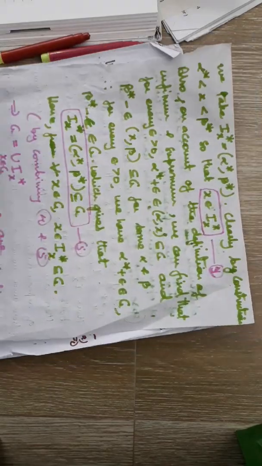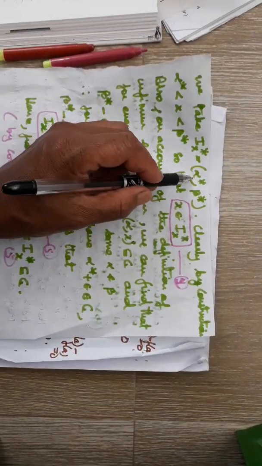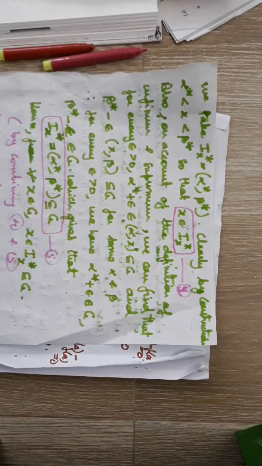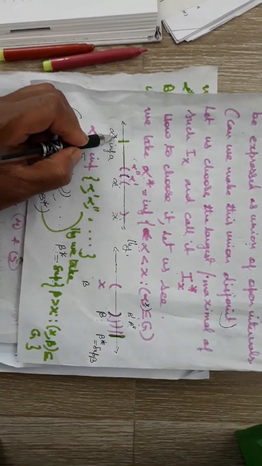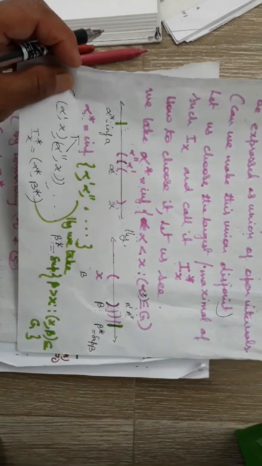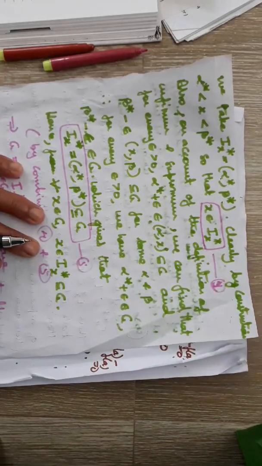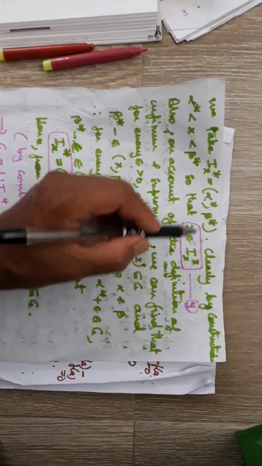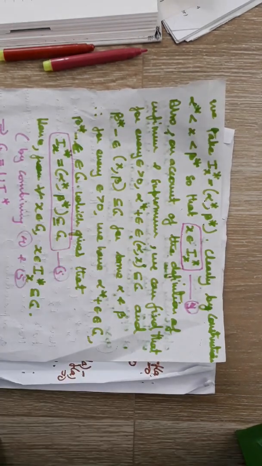Clearly, by construction, x is greater than alpha star but less than beta star. So x lies between alpha star and beta star, so that x belongs to the open interval I_x star, and name it as equation 4.